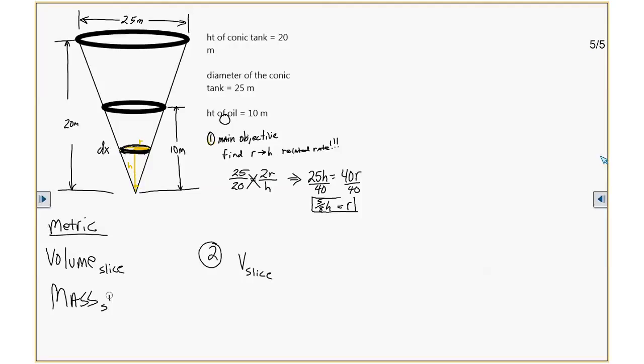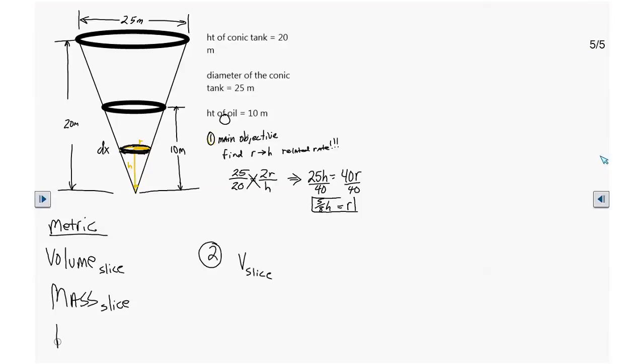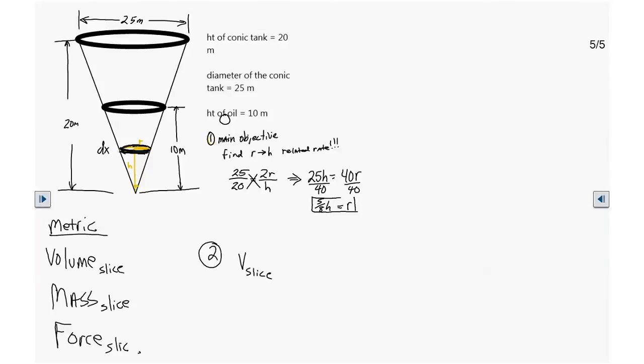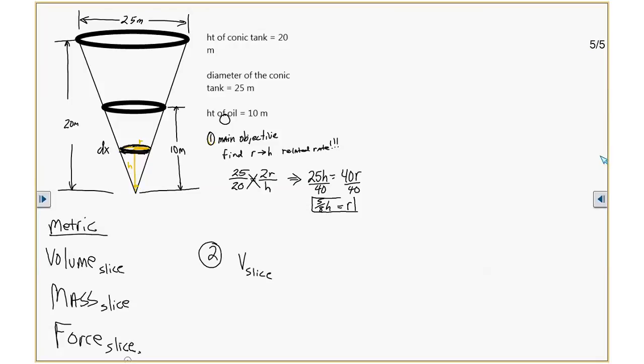Because you're dealing with the 800, well, it's in that list, 800 kilograms and all that. And then the force of the slice, and then the distance.